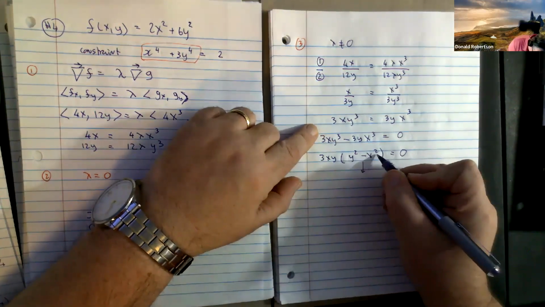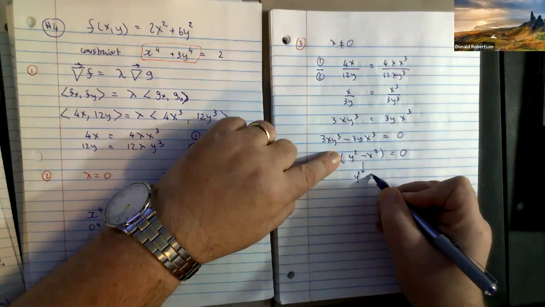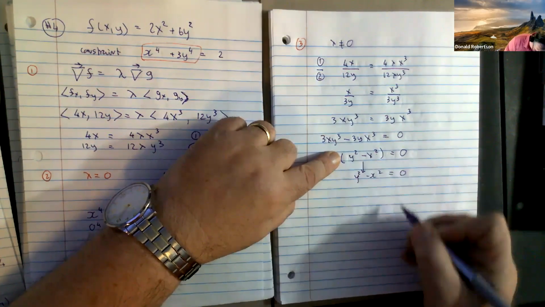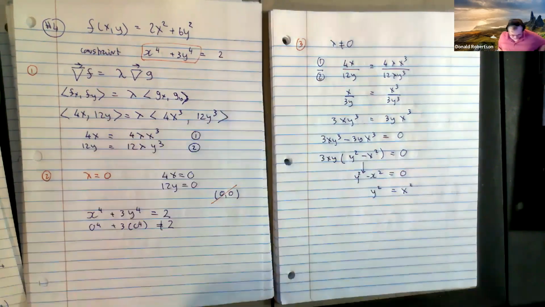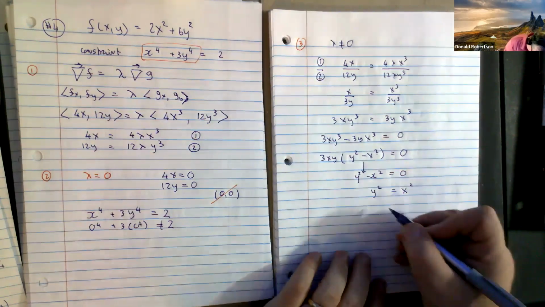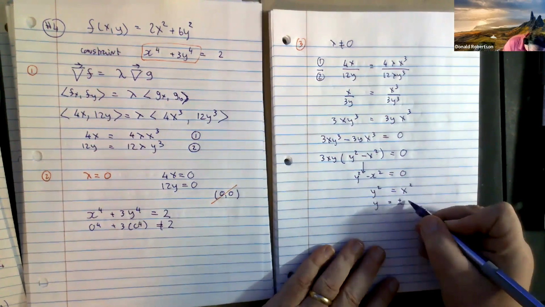If these things all multiplied together give me 0, and this is one of the factors, then this is a possible solution. In other words, y squared could equal x squared. Are we good with that? And if I rearrange that, basically y is plus or minus x.